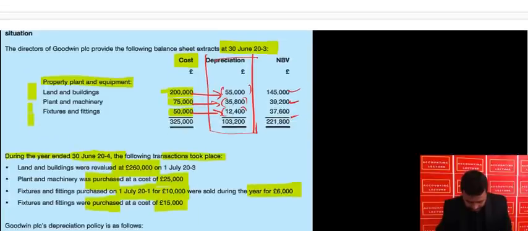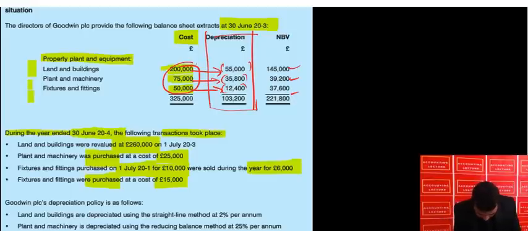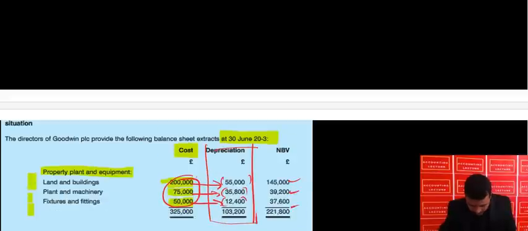This is the balance BD information we have taken from these three. Then the first one here said revalued to 60,000. Let's quickly check and take it.